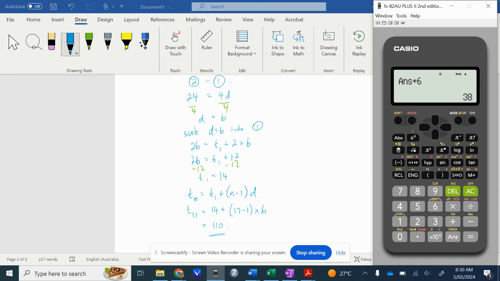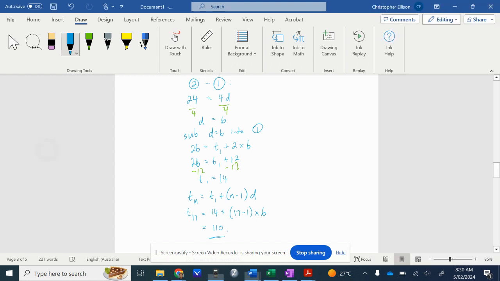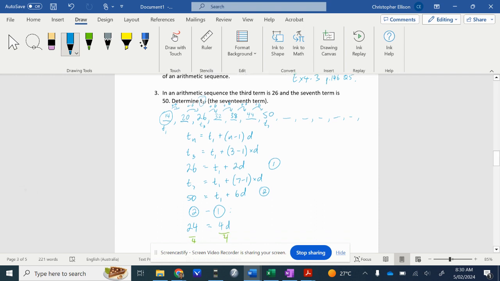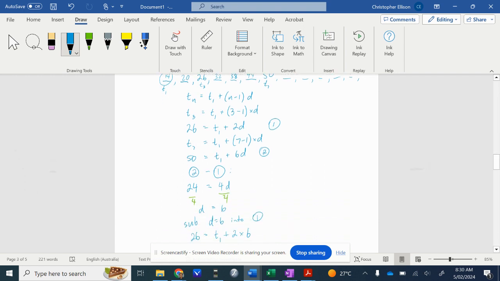So that's the 4th, 5th, 6th, 7th, like we had in there. 8th, 9th, 10th, 11th, 12th, 13th, 14th, 15th, 16th, and 17th. So it's good to just do that quick double check to make sure. And obviously you could just keep on adding the 6 until you get up to the 17th term.